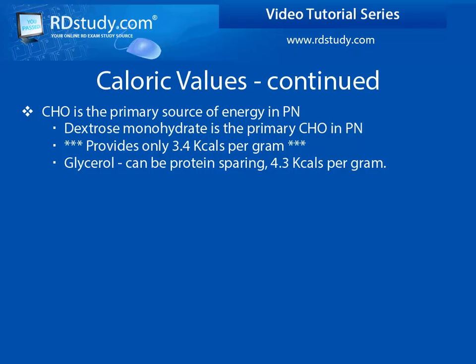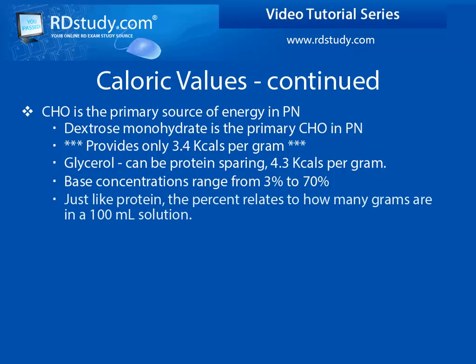But dextrose monohydrate is almost always the carbohydrate of choice. Concentrations range from 3% to 70%, and just like protein, the percentage represents how many grams of the nutrient will be found within 100 ml of solution.